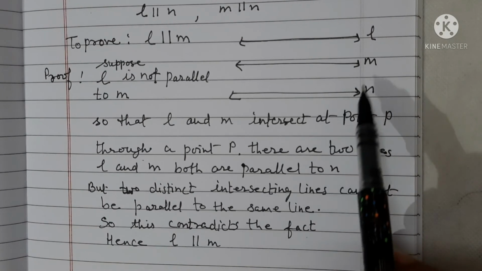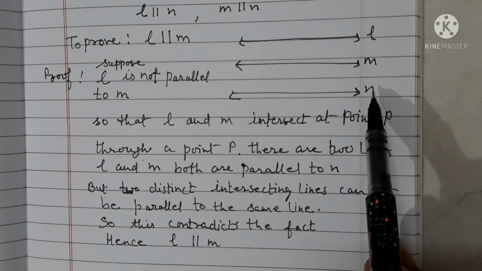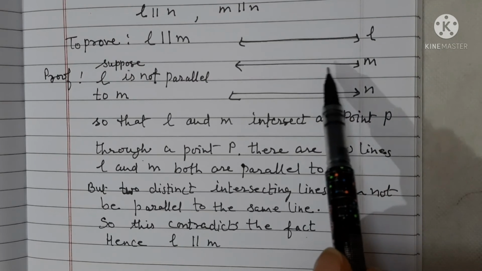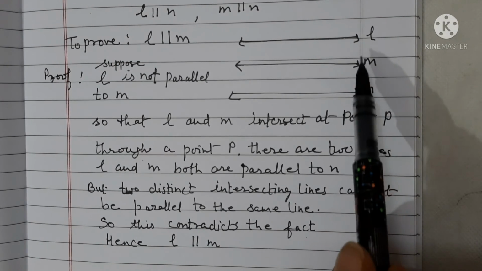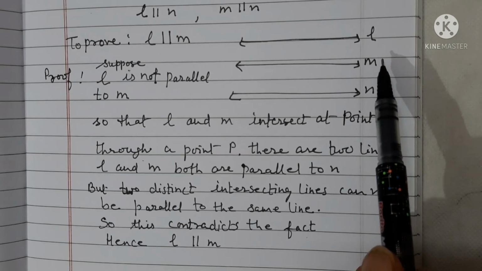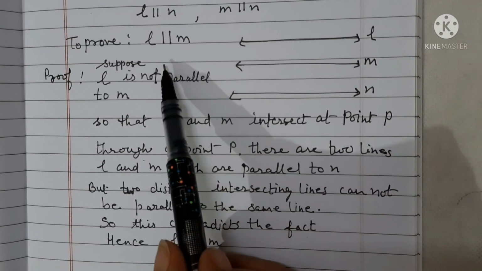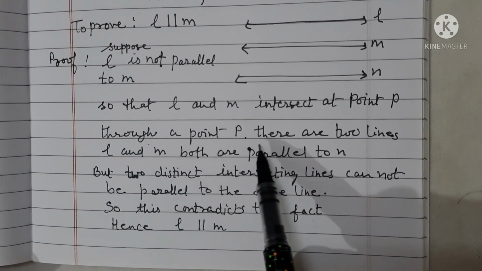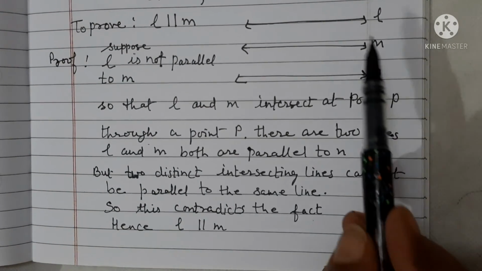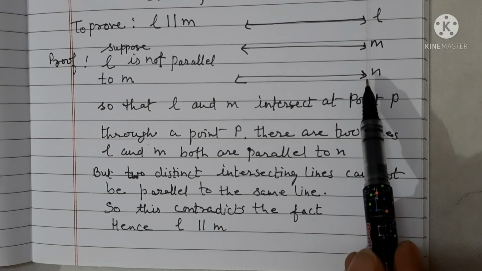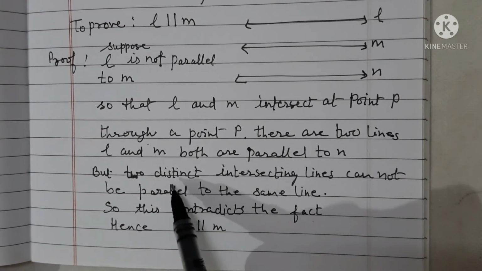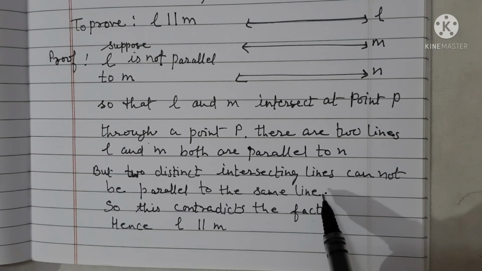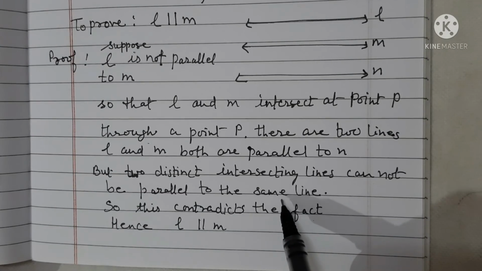L and M are parallel to N, and we have to prove L is parallel to M. So we suppose L is not parallel to M. It means these lines will intersect at a point P, but it is given that they are parallel to the third line N, and two distinct intersecting lines can never be parallel to the same line.